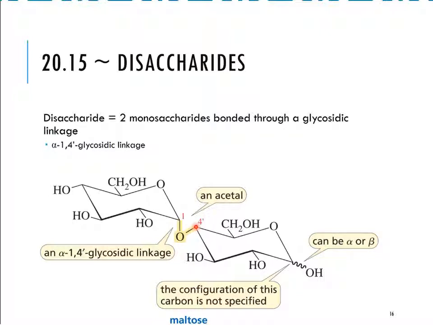So I think there's one more thing I want to point out on here for sure, which is this little squiggly line down here. And so that is telling us that this alcohol could be alpha or beta. So that means that it could be a mix of either one. It could mean that we don't really care. So we've done that with chain forms when we were talking about R and S configurations.